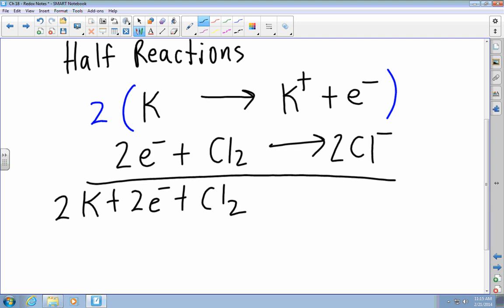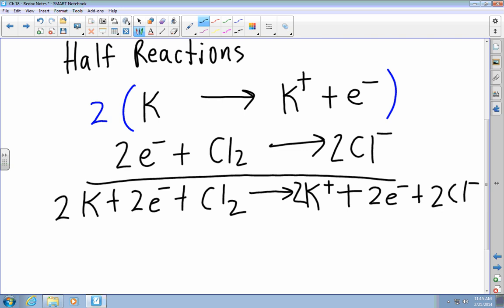So I'm just adding up everything on the left side. And then we have the arrow, and then adding up everything on the right side of the arrows. Oh, sorry, that should be 2 potassium ions, and 2 potassium ions, and 2 electrons, and 2 chlorides.